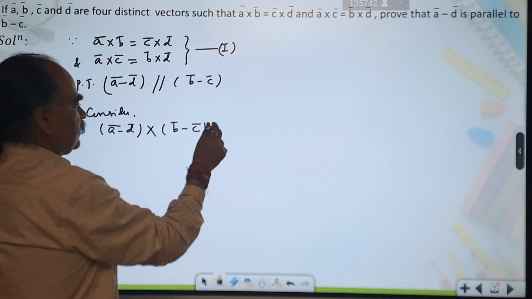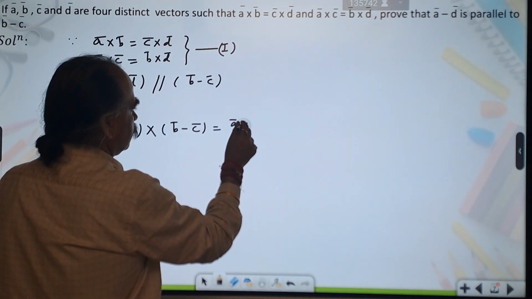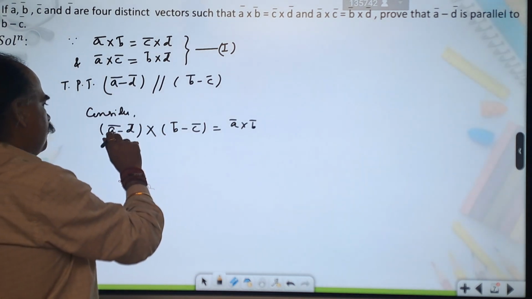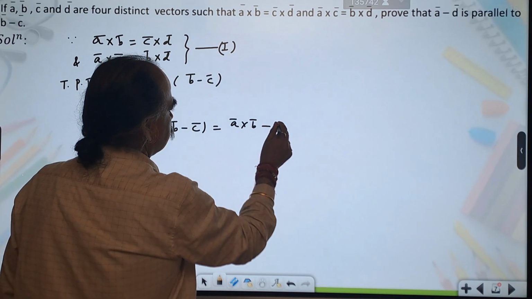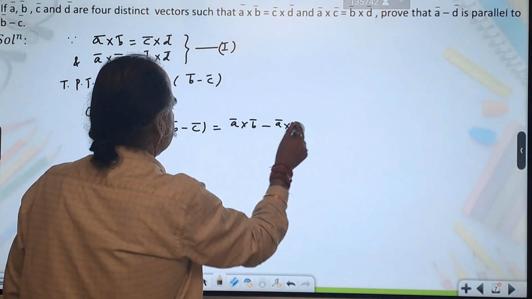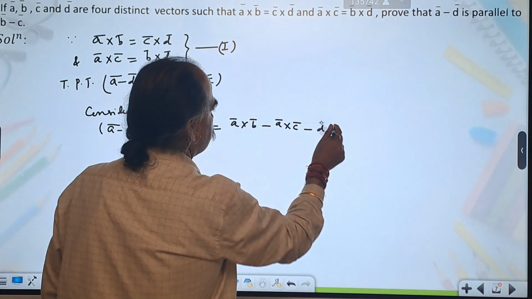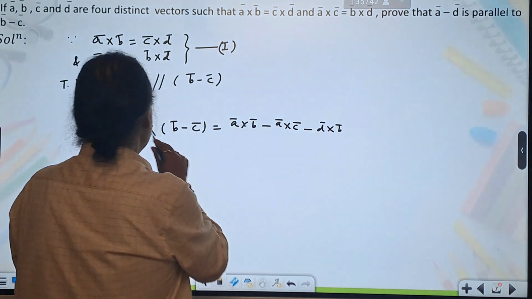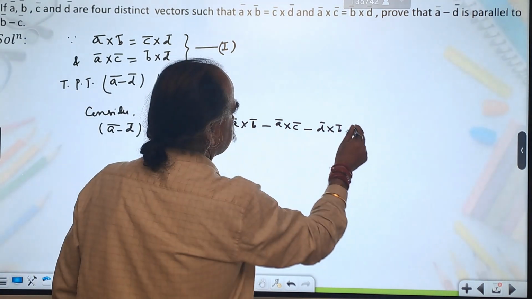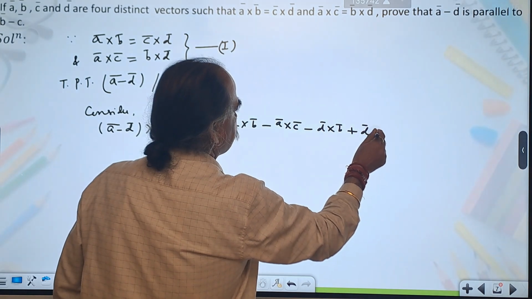So A bar cross B bar minus A bar cross C bar minus D bar cross B bar minus into minus plus d bar cross c bar.